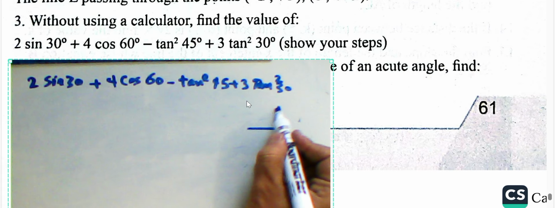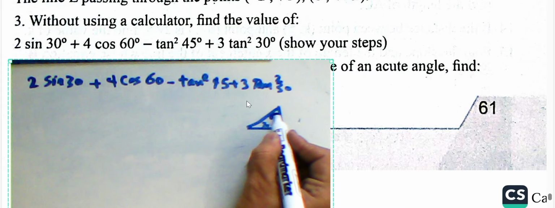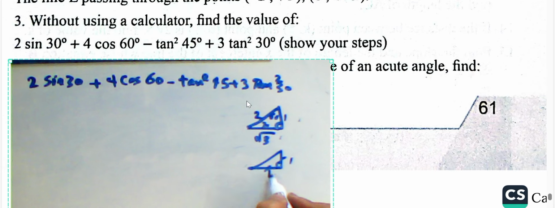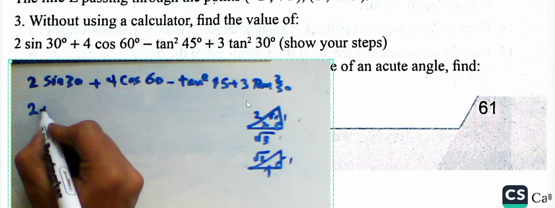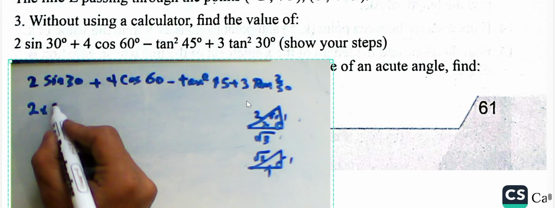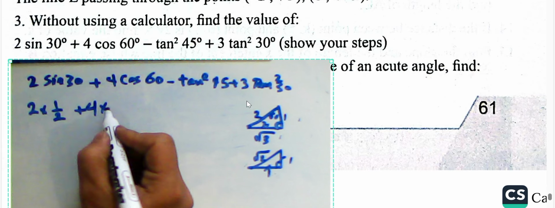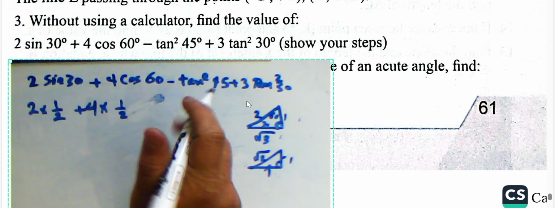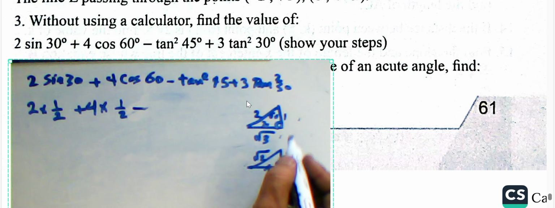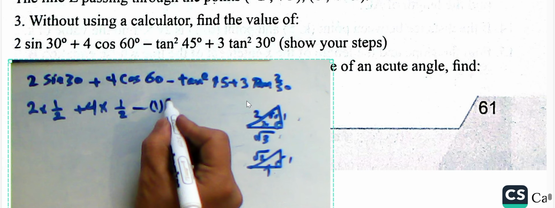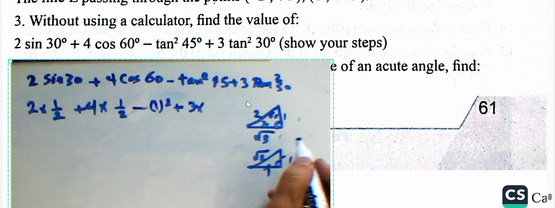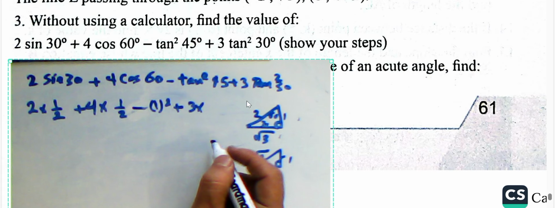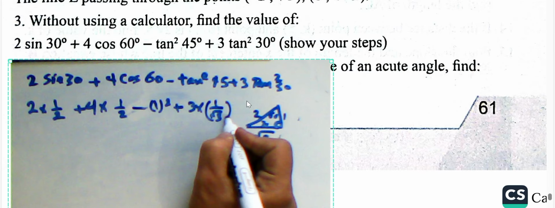We can solve this by drawing the right triangle 30-60 with sides 1, 2 and root 3, and the isosceles triangle with sides 1, 1 and root 2. We write 2 times sine 30 equals 1 over 2, plus 4 times cosine 60, adjacent over hypotenuse, 1 over 2. Tan 45 is 1 power 2, plus 3 times tan 30, which is 1 over root 3, all power 2.